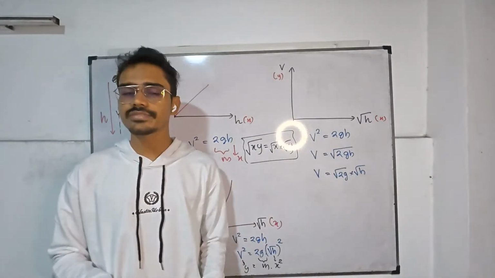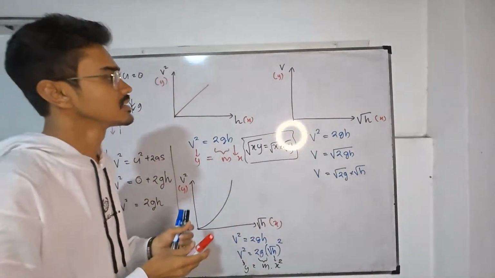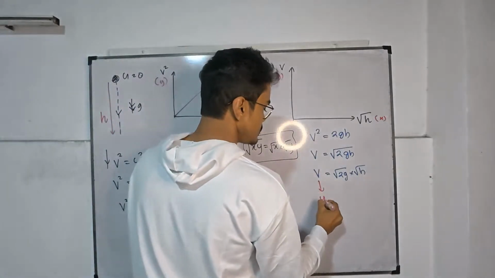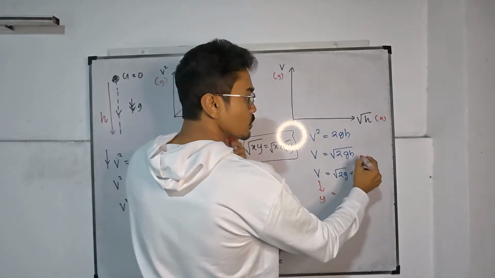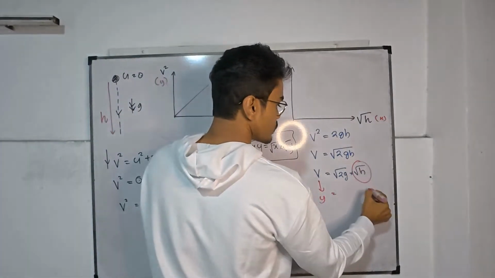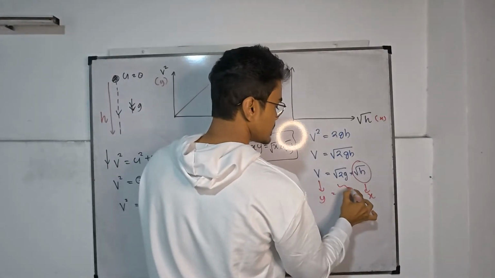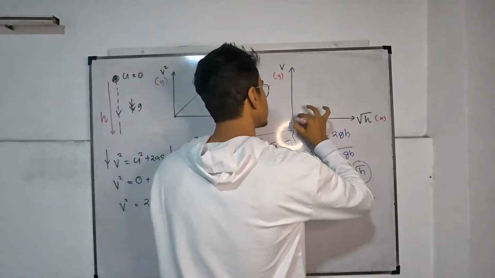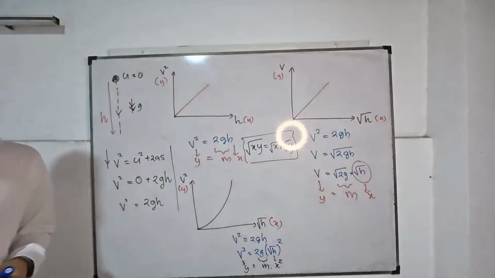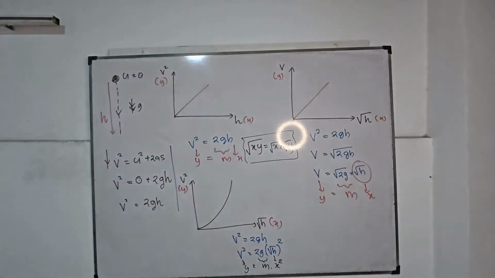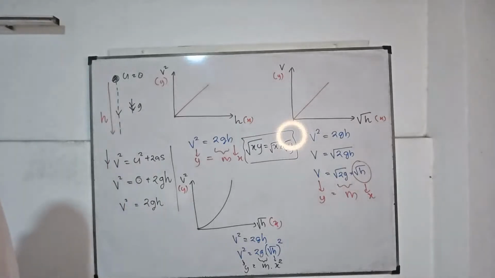Now my requirement is satisfied again. Identify variables. V is y, and root h is x. This whole term, root 2g, is the gradient again. Y equals mx.